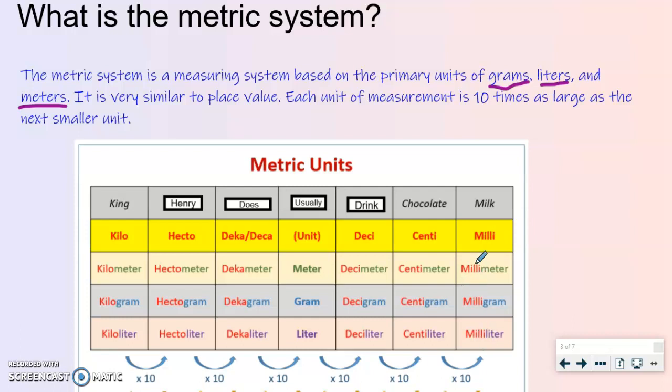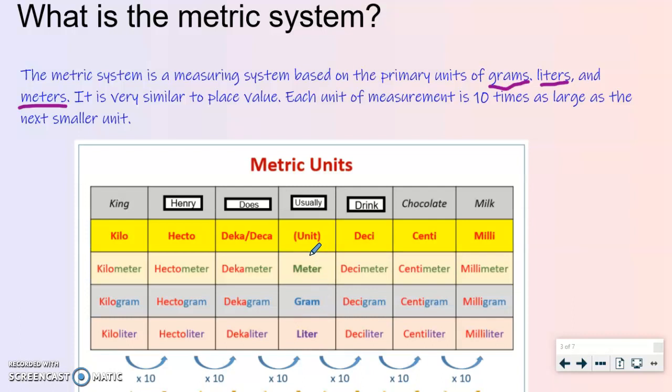So you notice how all down this column here, milli is a prefix and it goes in front of the unit, meter, gram, and liter. Same thing with centi and deci and deca and hecto. They're all prefixes that get attached to the front of these units here. And so the unit is kind of the starting point. There's no prefix on it.